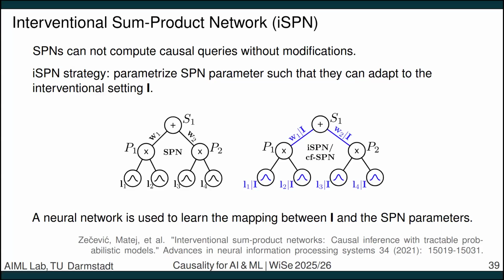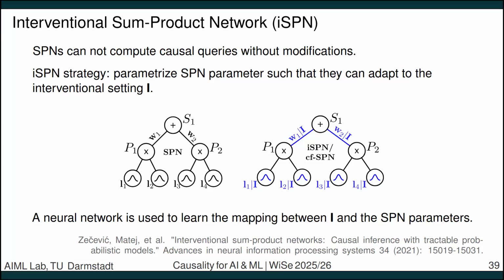So the idea here is that instead of simply learning a fixed set of factors, so what is learned in an SPN are the weights of the sum nodes and the parameterization of, for example, the Gaussians at the leaf nodes, we will condition those leaf nodes and those weights in an ISPN, so an interventional SPN, on the presence of an intervention.